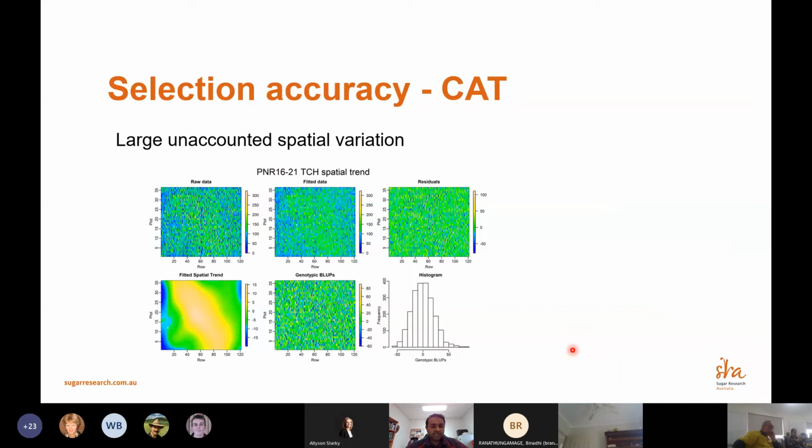The other issue is that the CAT trials are in general really large, about 6 to 7 hectares, and they can be associated with significant spatial variations. Now, these spatial variations are quite difficult to account for using statistical methods when there is a huge spatial variation, and that can also contribute to the error in plot yield.